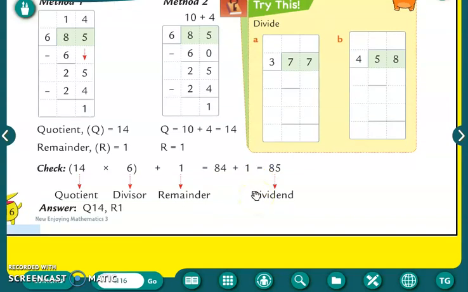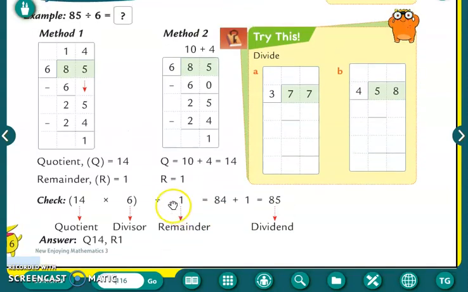So I hope all of you understood this, and I advise you to stick to just one method only. आपको जो method समझ में आता है आप वही कीजिए, और मेरे अंदाज से तो आपको method 1 वो ज़्यादा easy रहेगा, so you can do the division with this method very easily.